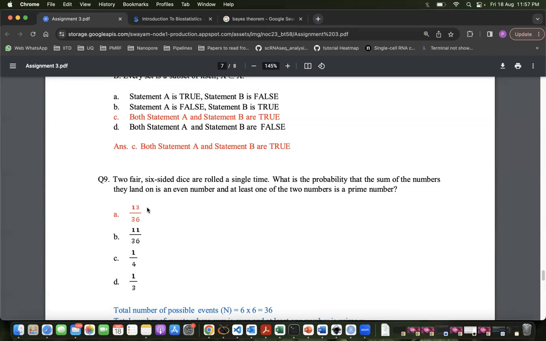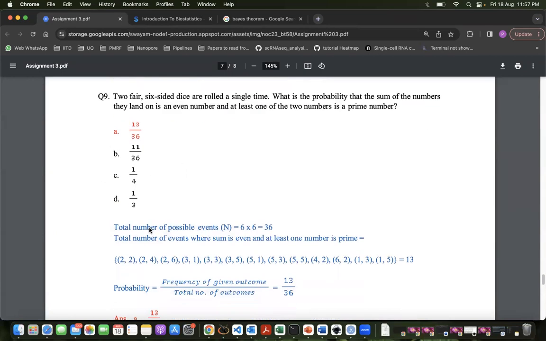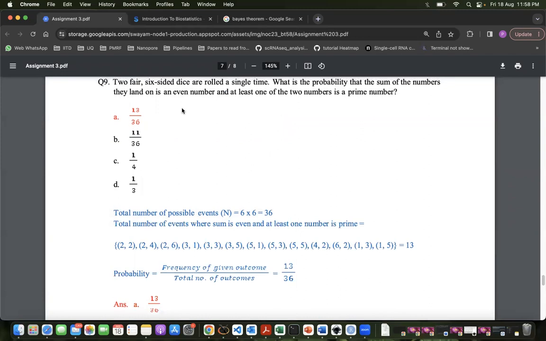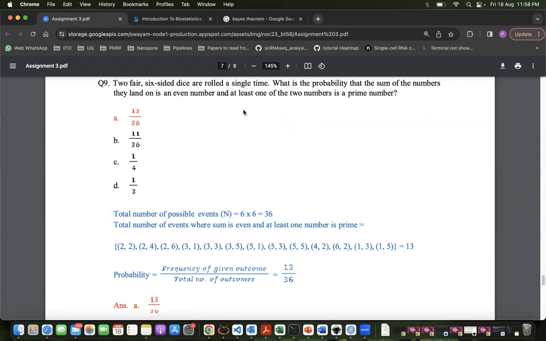Okay, let's make a list. The sum should be even, and one of the numbers should be prime. I hope you have not missed 2 as a prime number.